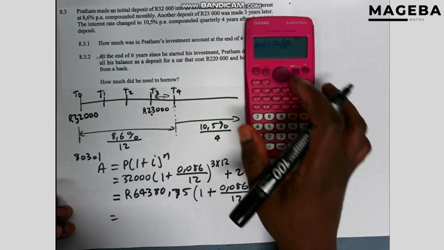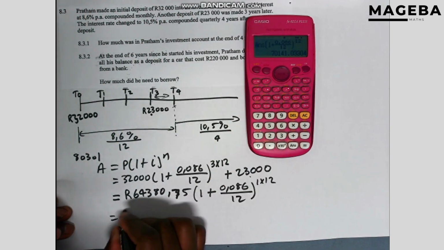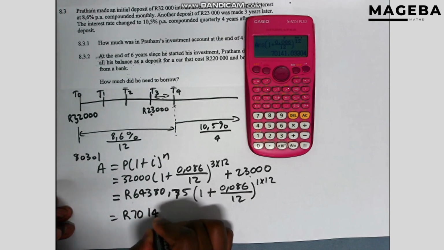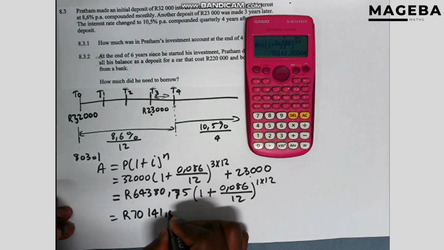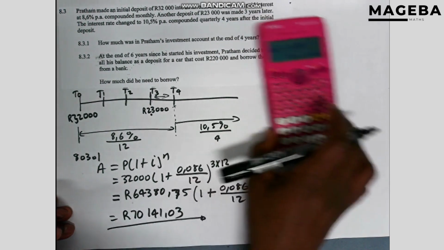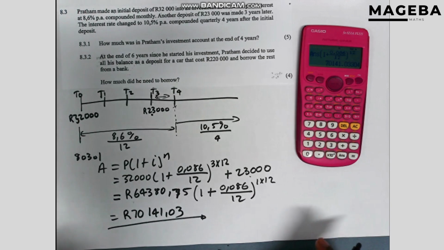What do we get? After 4 years, this is the amount that we are having. This is the amount that Pratham is going to have after 4 years.